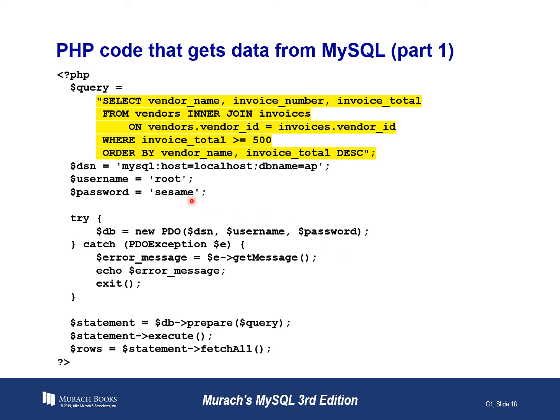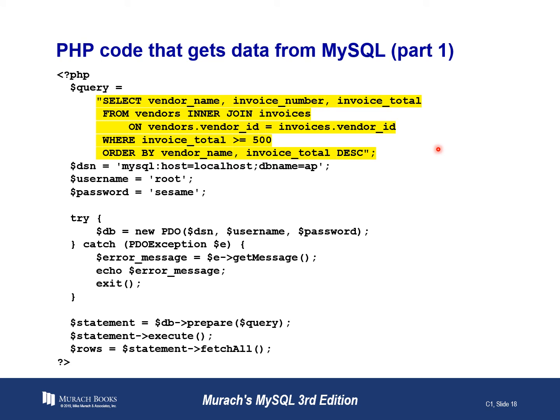If you don't understand anything here, that's totally fine, don't worry about it. I'm just going to explain in general what's going on. We are creating a few variables. The first one is $query. This is a string variable, and it just contains an SQL query.